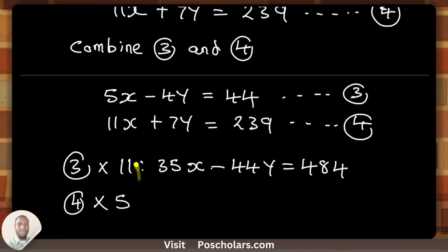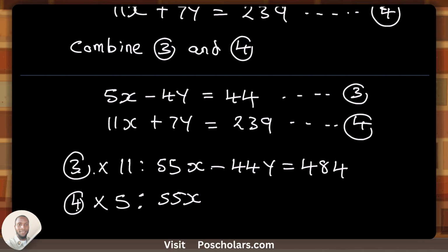Then next, we want to multiply equation 4 by 5. Sorry, for equation 3, this 35 is supposed to be 55 because 11 times 5 gives what? 55. So let's change it to 55, right? Now let's continue. We are multiplying equation 4 by 5. So 5 times 11 gives 55x.